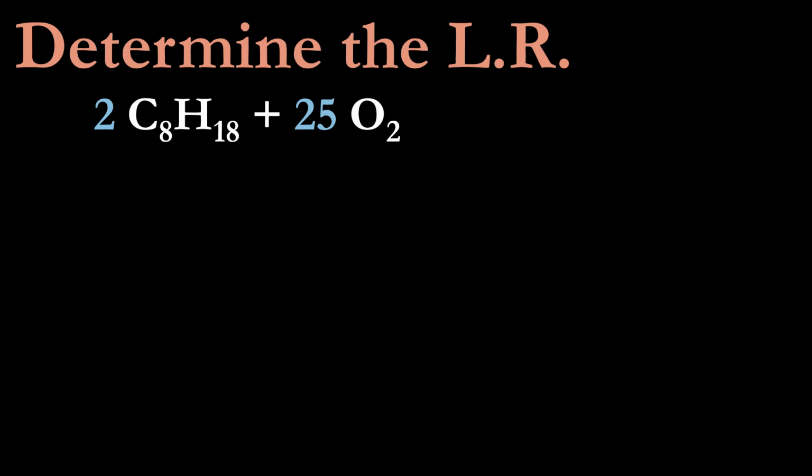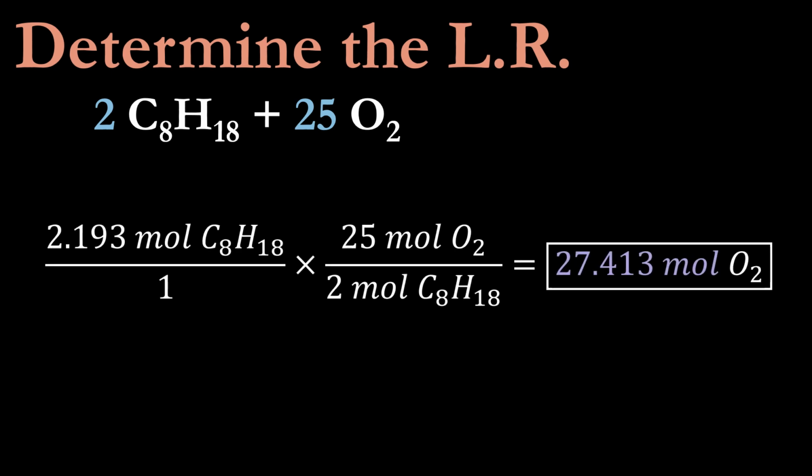The way I've decided to do it here is to start with the number of moles of octane that we wrote in the table, which is 2.193 moles, and to multiply by the mole ratio between the oxygen gas and the octane, which is 25:2, to figure out how many moles of oxygen gas would be required to fully react with the 2.193 moles of octane.